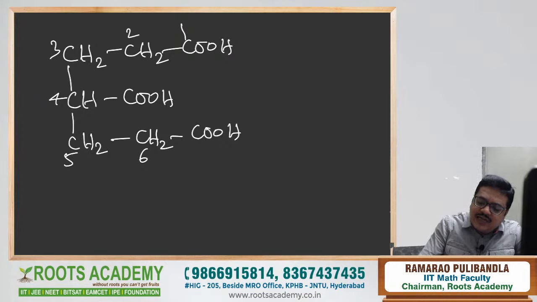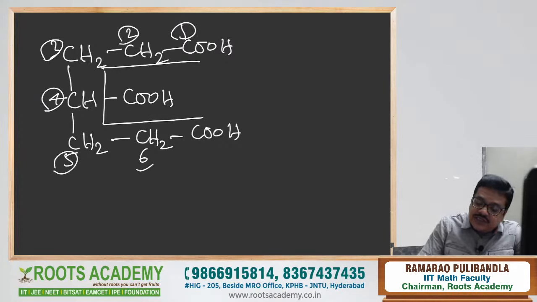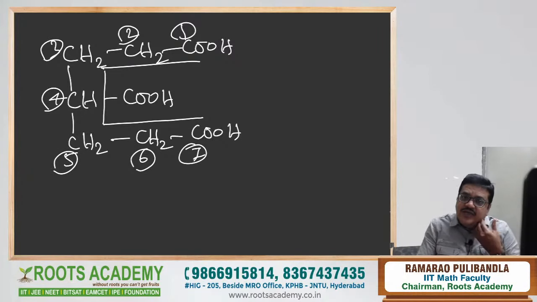Here, directly attached means you should write the numbering like this. So 1, 2, 3, 4, 5, 6, 7. So this is considered a continuous chain. Whenever a continuous chain is there, you have to cut down here.